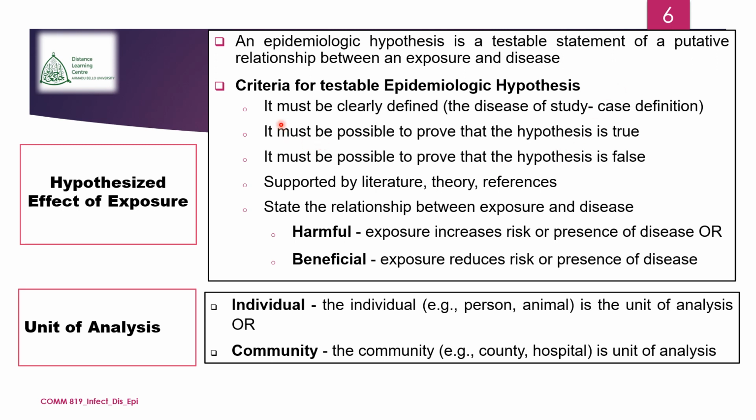One, it must be clearly defined. The hypothesis should clearly define your case definition and the disease of interest. Then it must be possible to prove that the hypothesis is true, and it must be possible to prove that the hypothesis is false. And the hypothesis must be supported by literature, theory, and references.